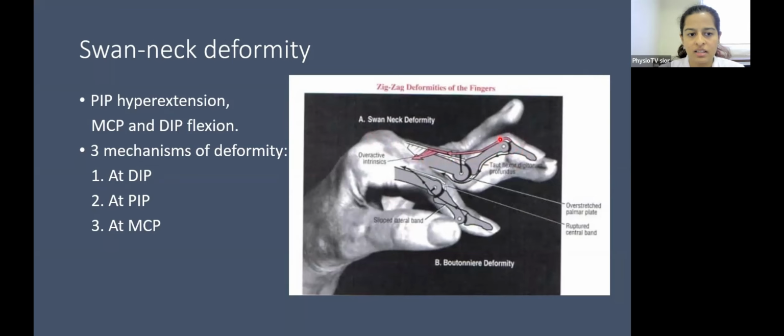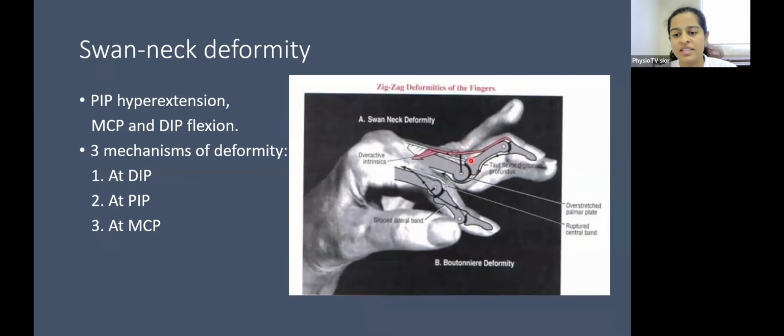So firstly, let's see how it is formed because of the affection at the DIP. The central tendon and the terminal tendon, which get attached at the DIP, beyond the DIP joint, get ruptured, which causes flexion at the DIP joint. Hence, the forces are acting more at the PIP joint.